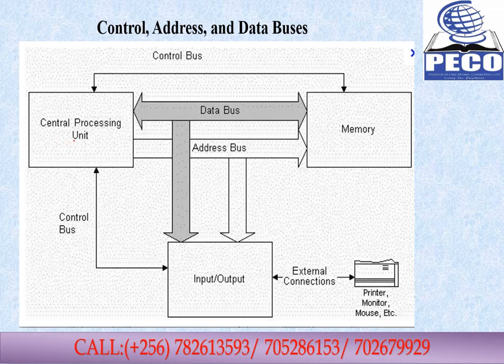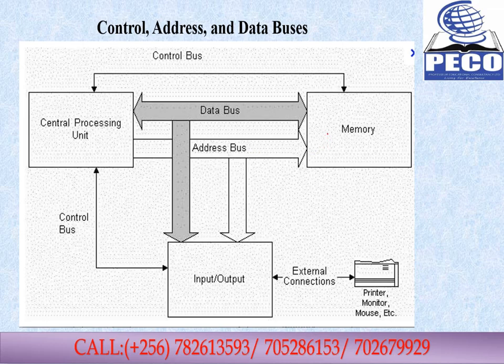Here you will realize that memory doesn't control the CPU. Since the central processing unit is the one to access something, it will use the address bus.